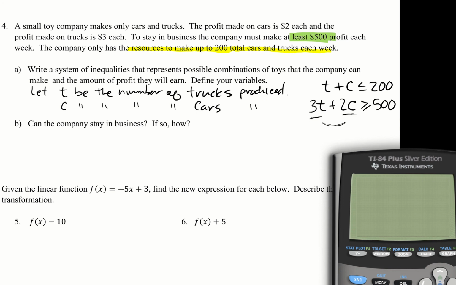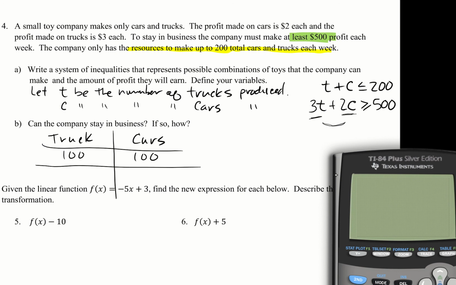Then I could ask the question, well, what if I wanted to maximize the profit? I wanted to make the most profit. And some of you were saying, well, if I had exactly 200 trucks. You could say trucks and cars, and you could write down a couple solutions. If I did 100 trucks and 100 cars, that gave me $500 profit.